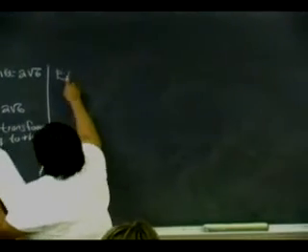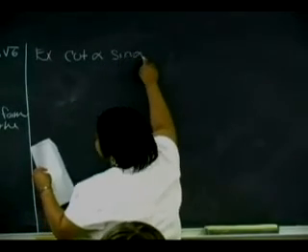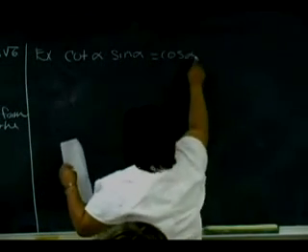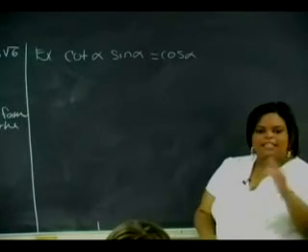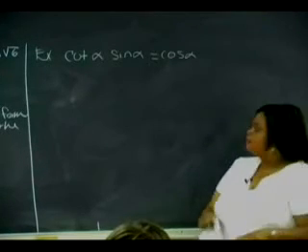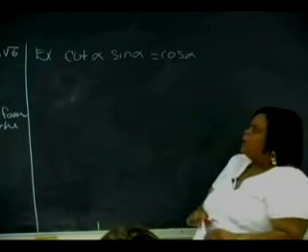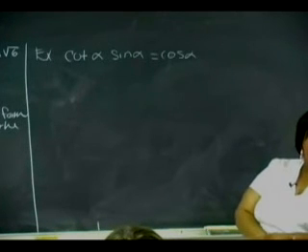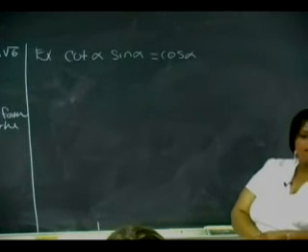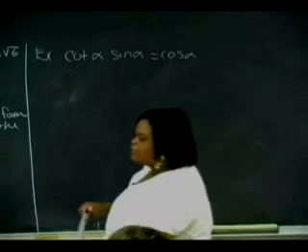Another example. Suppose we have cotangent alpha times sine alpha equals cosine alpha. Now let's think about this. I want to make this side look like cosine alpha. What could I use here? Quotient. Cotangent equals what?